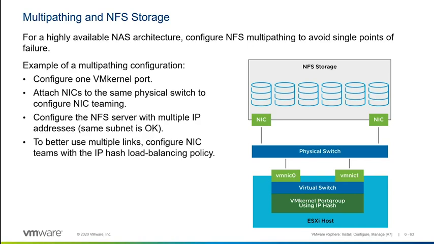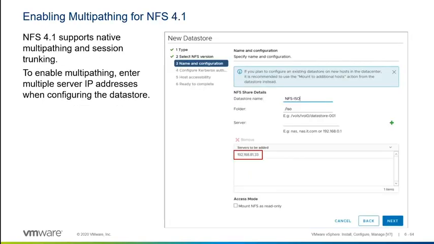On the switch, you have to make sure that you use 802.3ad link aggregation control as well. Okay? This way, with IP hash-based load balancing and 802.3ad LACP, you're able to make sure that your ESXi host has multiple paths available to your NFS storage array itself.